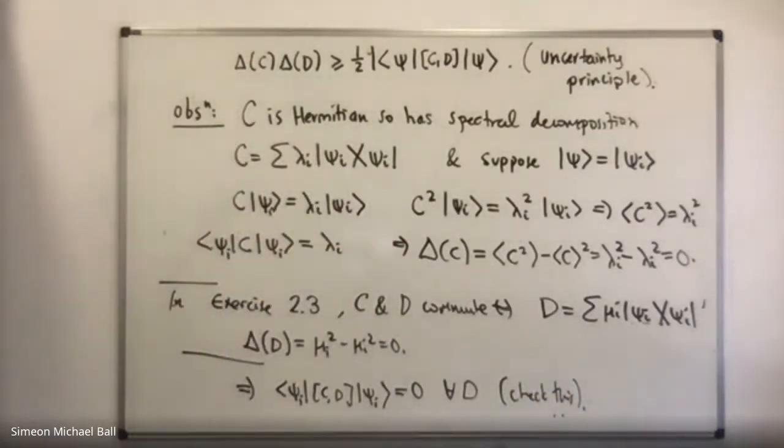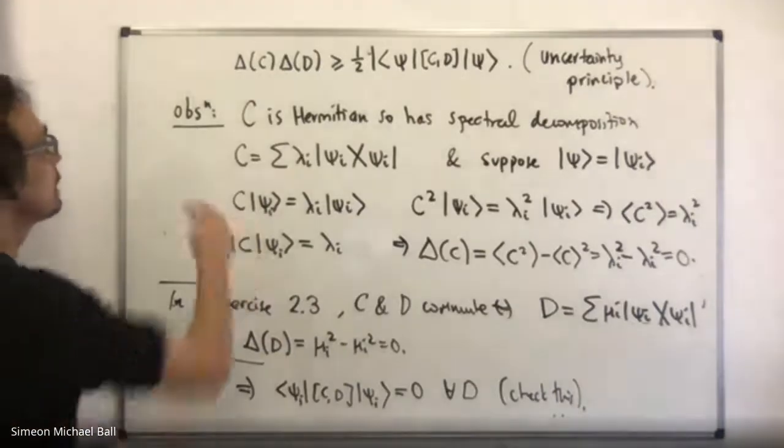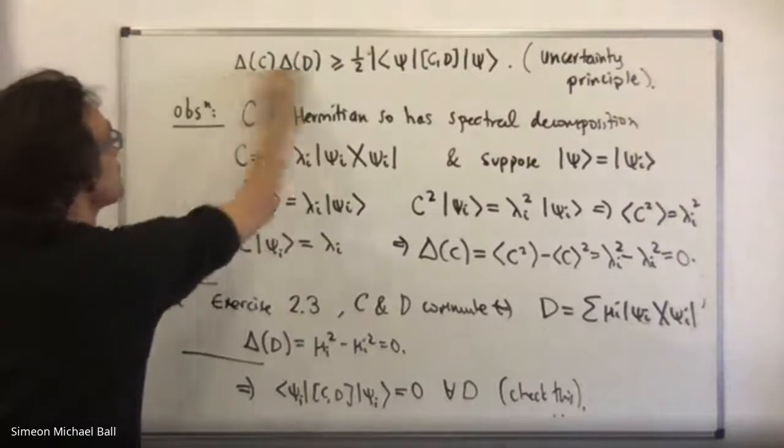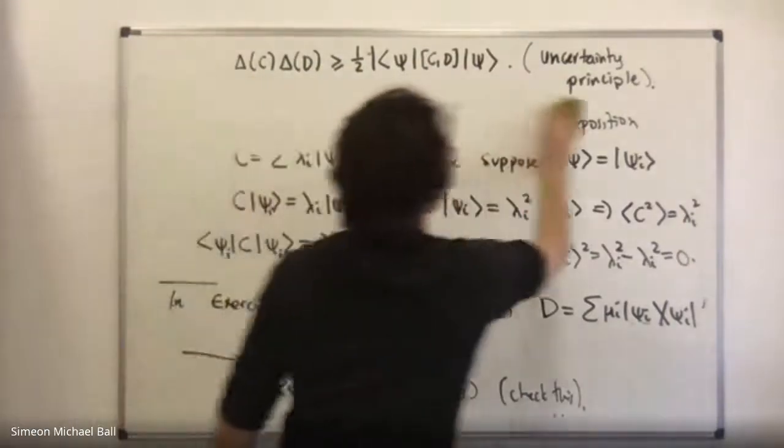Right, so I think I've just about got time to do my example. I promised you I was going to do some calculations last time and didn't get round to it, so now I'm going to do it and calculate a bit of this inequality as well, in which case when it's not 0. So I'll just leave it up there.